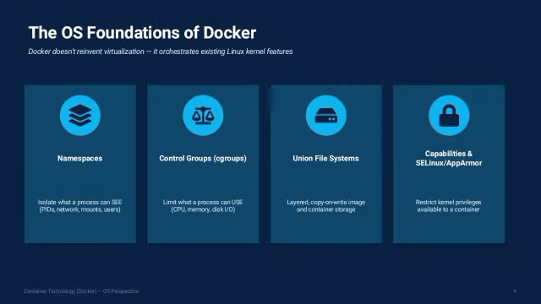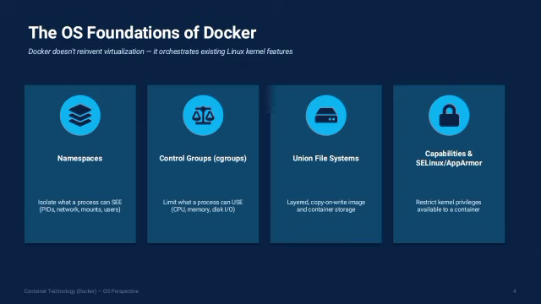OS foundation of Docker. So how does Docker actually achieve this on Linux? It does not invent any new virtualization technology. It simply orchestrates existing kernel features. First, namespaces, which isolate what a process can see. Think process IDs, network interfaces, and mount points. Second, control groups or cgroups, which limit what a process can use: CPU, memory, and disk I/O.